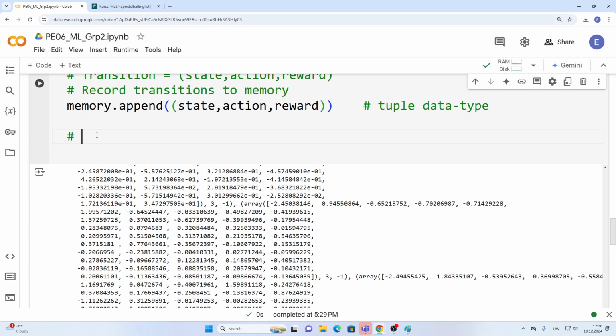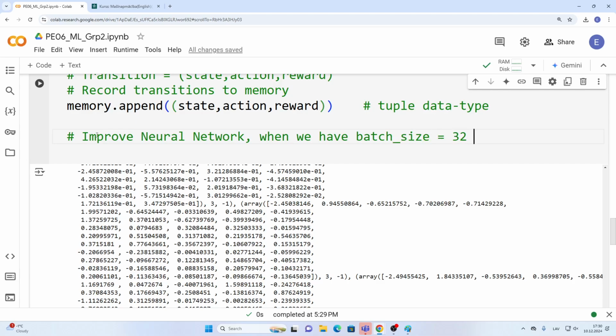Let's say we improve the neural network when we have a batch size equal to 32 transitions. Once you have 32 transitions, you train the neural network. So you accumulate them, 1, 2, 3, 4, up to 32, train the neural network, empty memory, and start collecting them again.